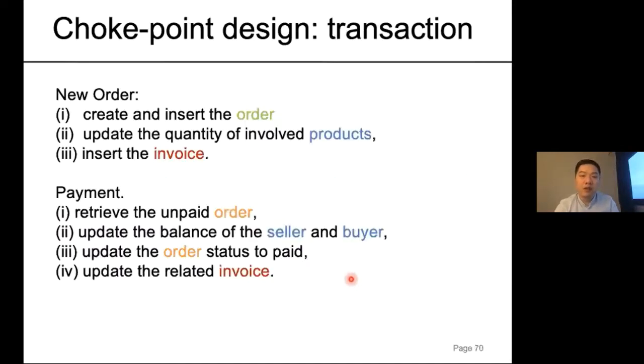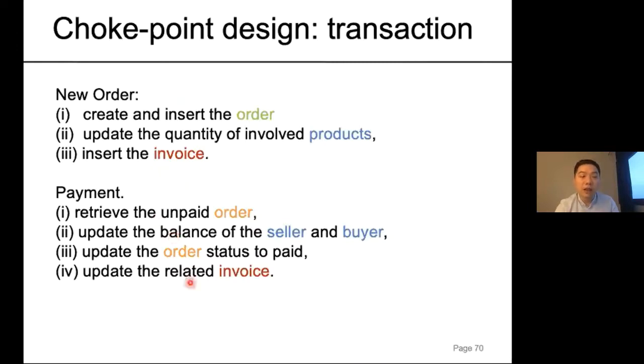The third choke point design is multimodal transaction. It tests the ability of the execution engine to handle read-write multimodal transactions while ensuring consistency and efficiency. For instance, the new order transaction will first create and insert the order, update the quantity of involved products, and finally insert the invoice.